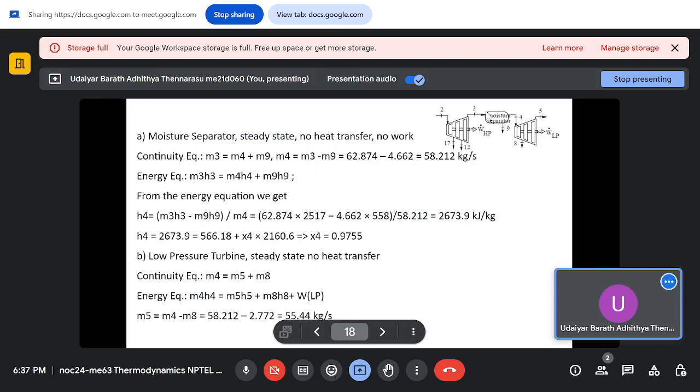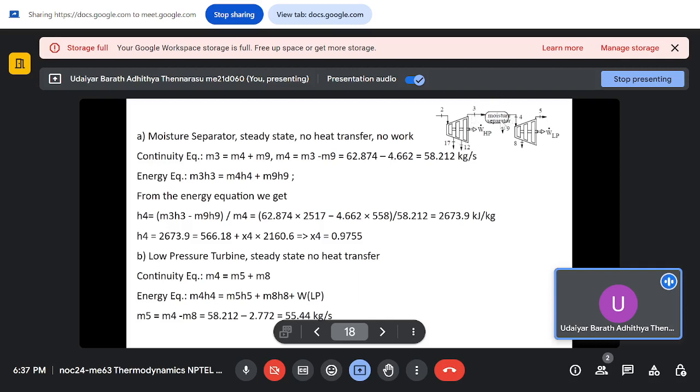So now, if we just consider the turbine and the moisture separator, your steam is coming in at state 2, and you are bleeding it off at 17 and 12, and there is an exit at state 3.